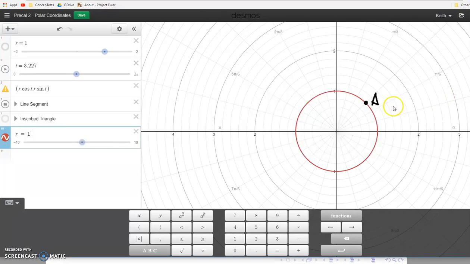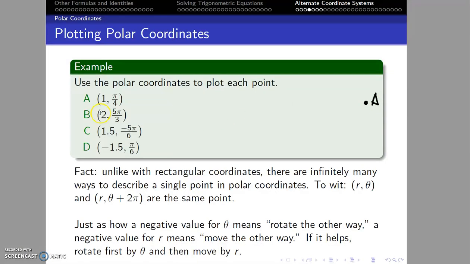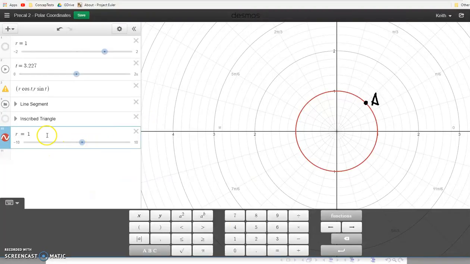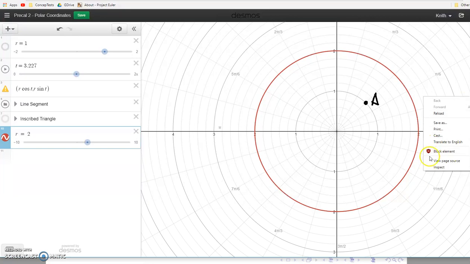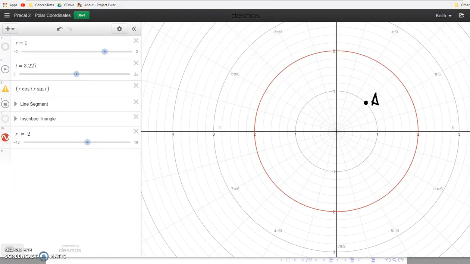The next one is at 2, 5 pi over 3. So radius of 2 there. And 5 pi over 3 corresponds to that spot right there. So 5 pi over 3 on radius of 2, that is our second polar point.